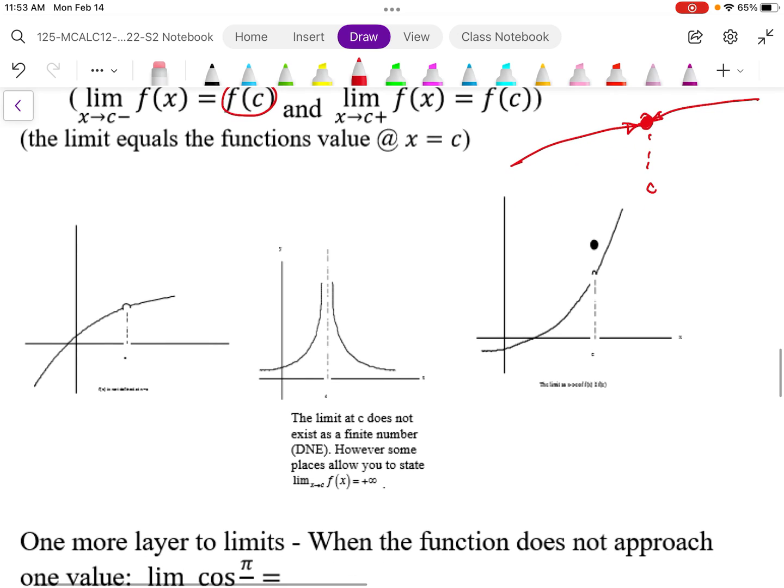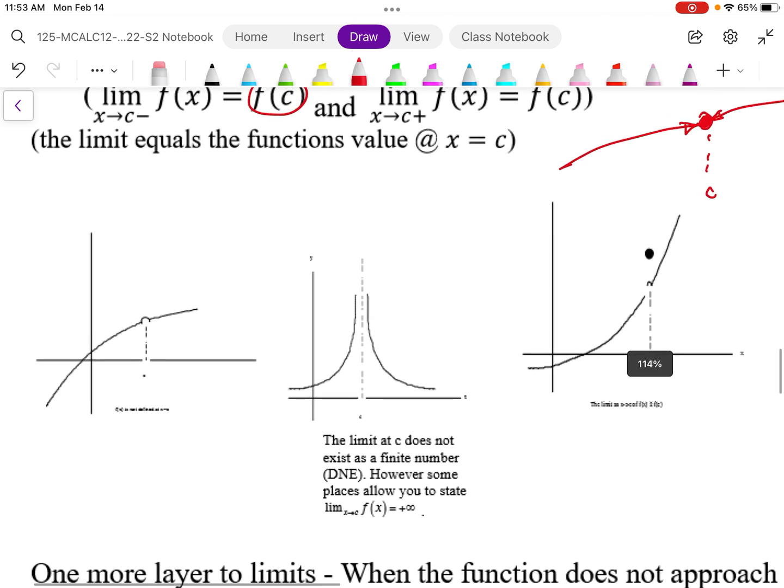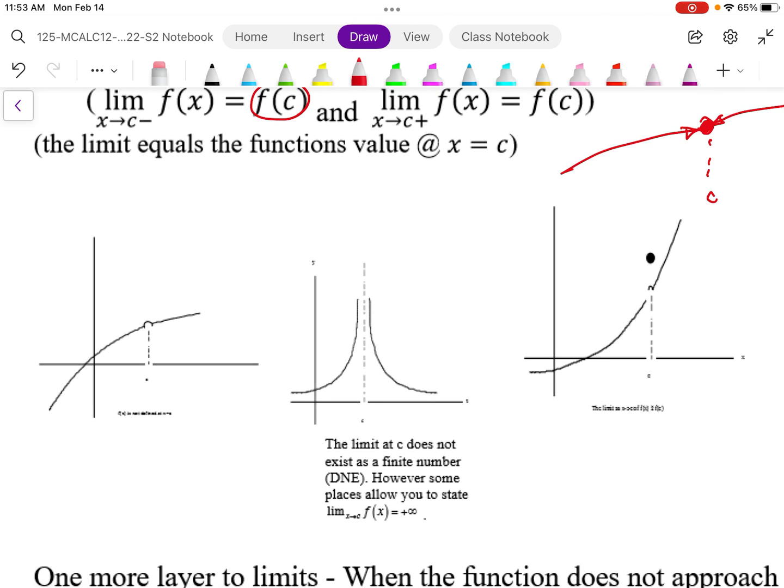Now there are different types of discontinuity, and we're not going to get too much into it, but there are these different types. We have this removable discontinuity. There's a hole right there. This is also a removable discontinuity where we have a hole, but the point is defined somewhere.